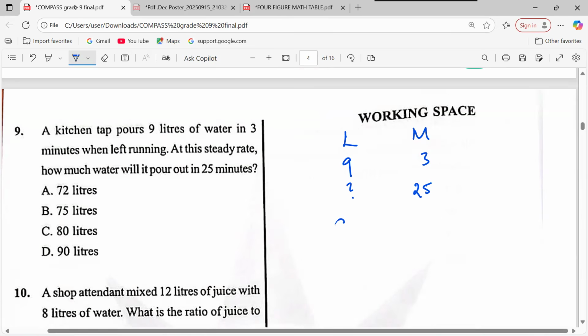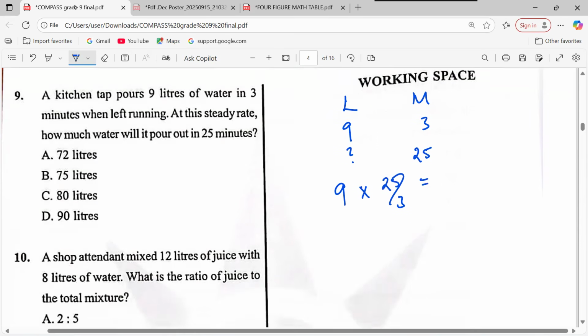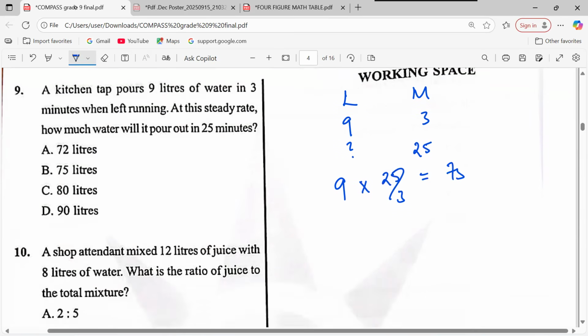So we are affecting the number of liters in the ratio of minutes. For 3 minutes, we had 9 liters. For 25 minutes, we will have more liters. So it will be 25 out of 3, giving exactly 75 liters. But now the question is, how much water will it pour out?